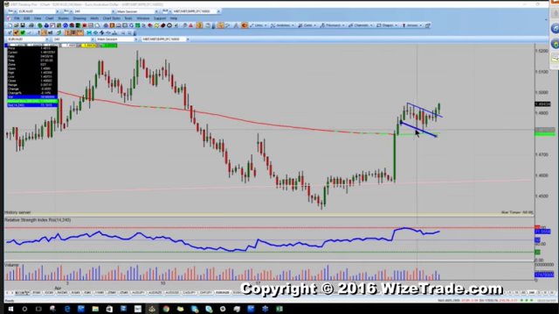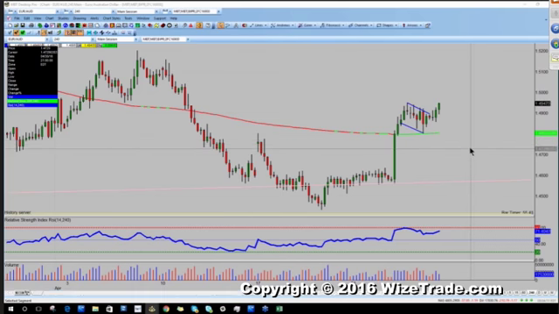See, that's a flag. It's just a flag pattern, and so I don't know if I really want to take profits at this point. Let me turn this off. Looks strong, doesn't it?